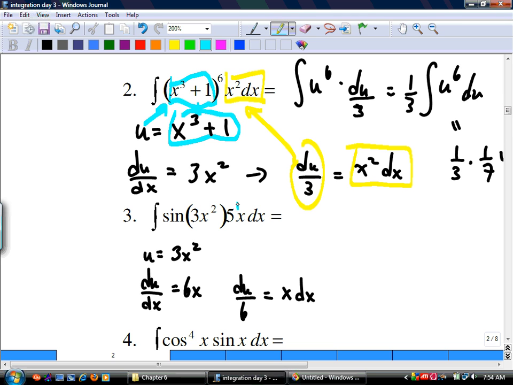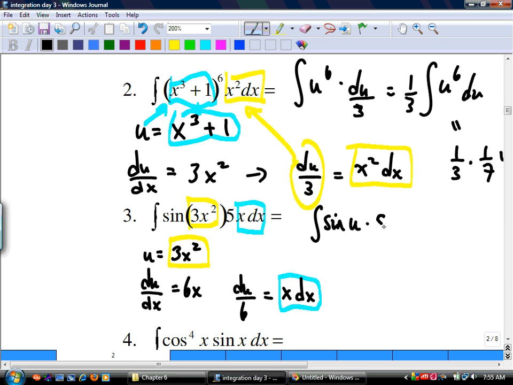So the x dx comes out, the du over 6 comes in, the 3x squared comes out, which is the scary part, and the u comes in. So it becomes the antiderivative of sine u times 5 times du over 6.